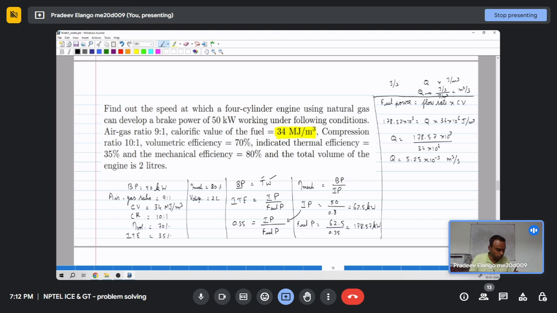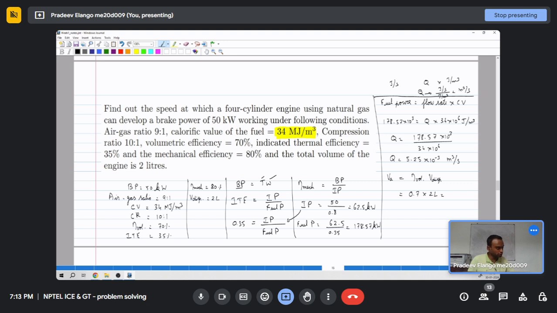So I would say volume of air per cycle can be given as volumetric efficiency into V displacement. So volumetric efficiency is 70%, 0.7 into V displacement is 2 liters.